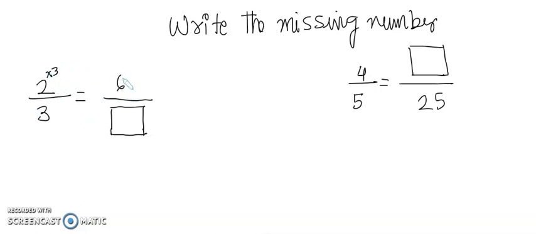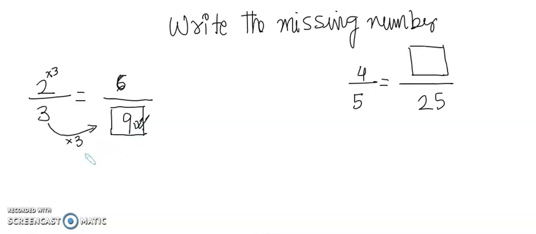Since the numerator has been multiplied by 3, the denominator is also to be multiplied by 3. 3 times 3 is 9. So the number that will be filled in this box is 9.